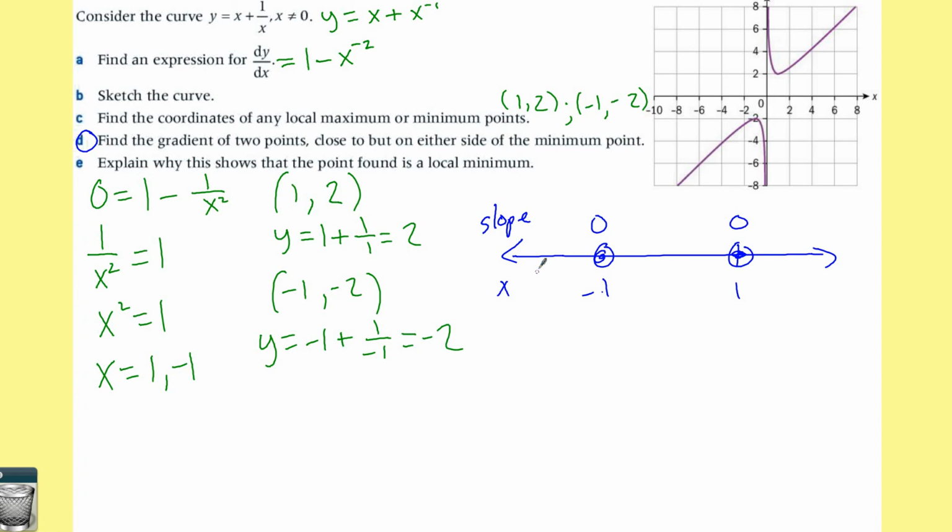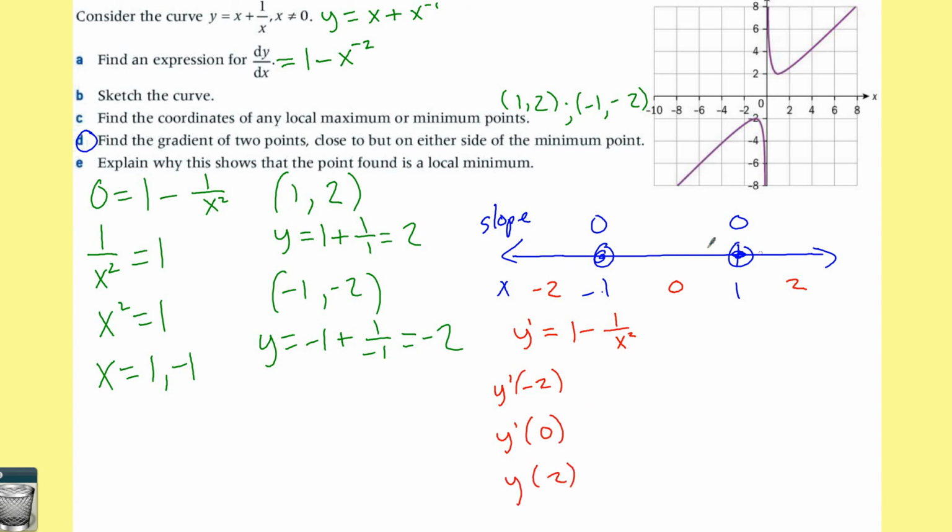So what's the slope of, let's do negative 2, 0, and 2. Using our derivative function, which is 1 minus 1 over x squared, find the derivative when x is negative 2, when x is 0, and when it's 2.